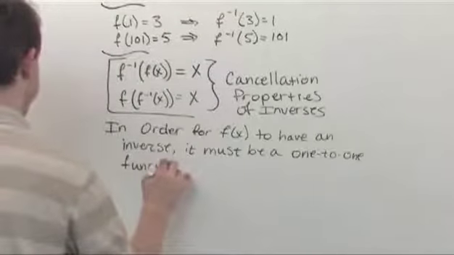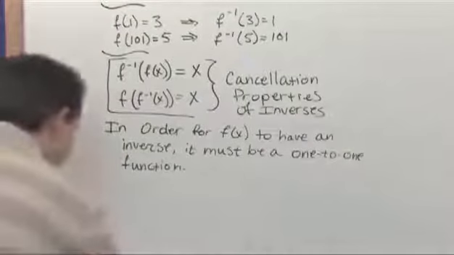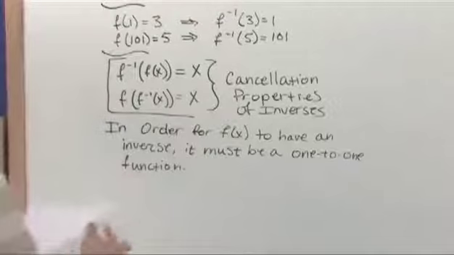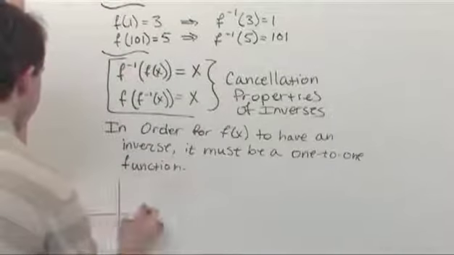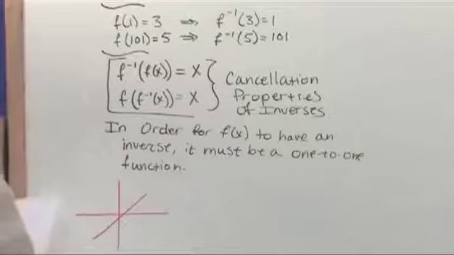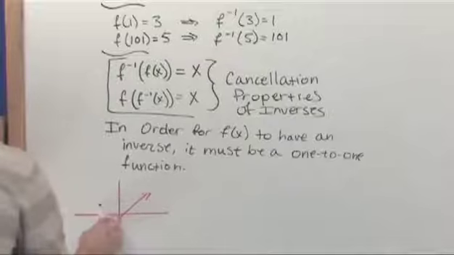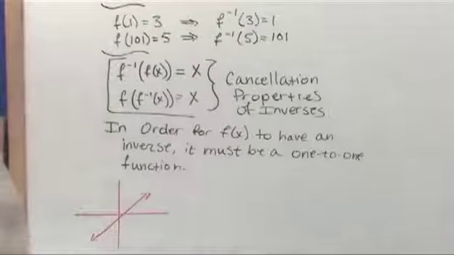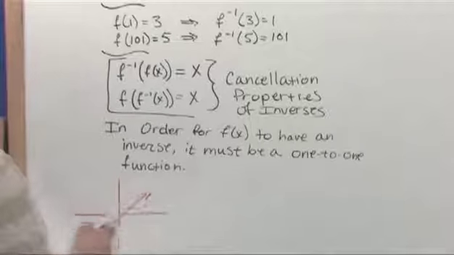Okay, what does that mean? Let me show you by example. Example is much better than just talking about it. You know what a function is, right? We've already talked about that. Here is a line. You know a line is a function because of the vertical line test. You know that every point here has only one value of f of x for every value of x that you put in.